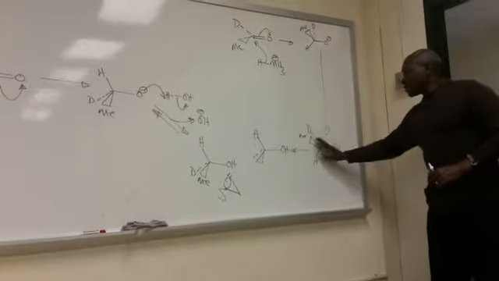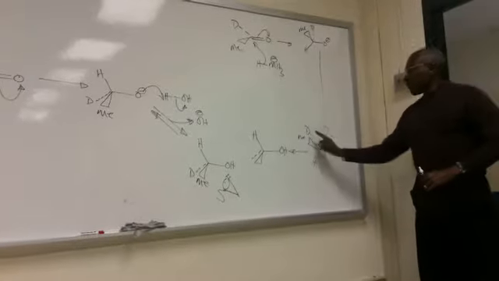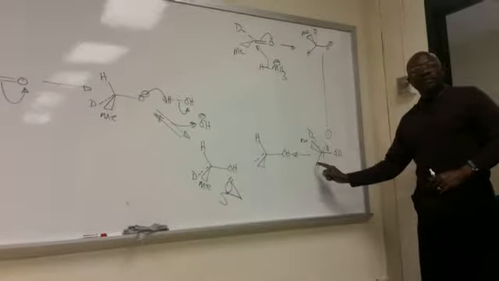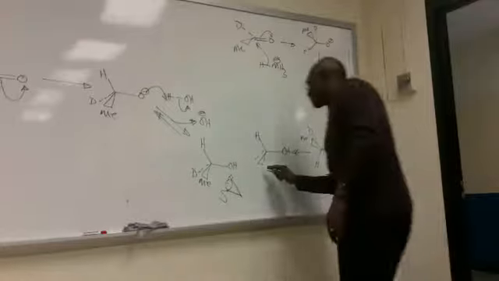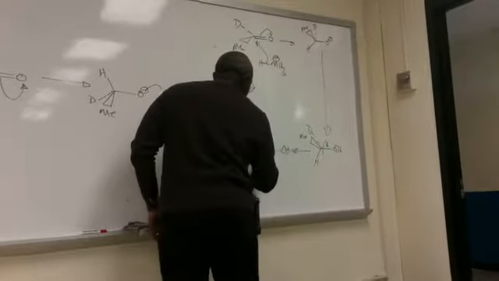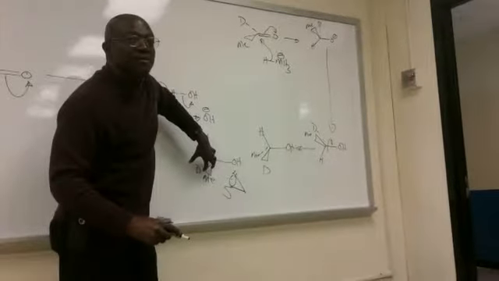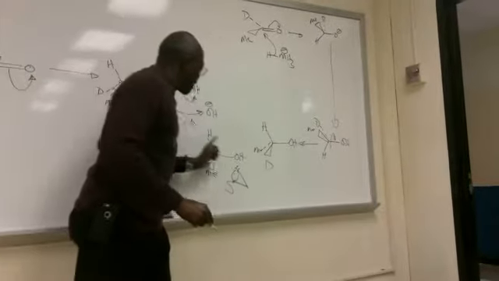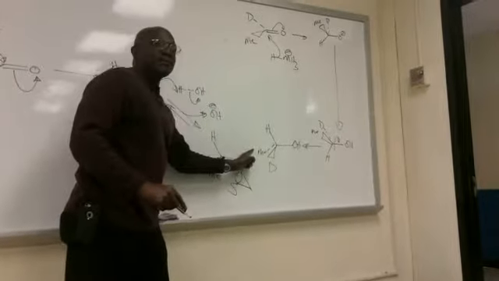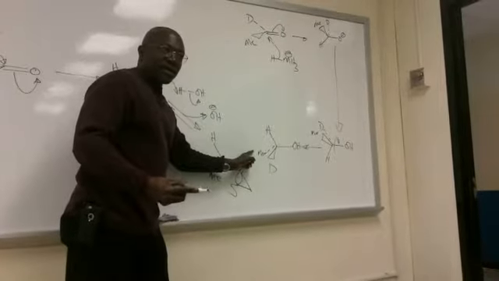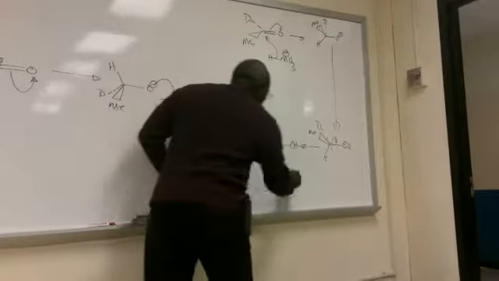So I'm going to bring the H in the plane of the board on top. Where does the D end up? In front of the board. And the methyl is behind. So these two things do not superpose. So the H and the OH match, but not the D and the methyl. Agreed? So these two are enantiomers.